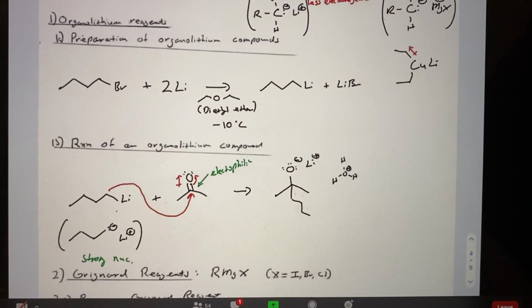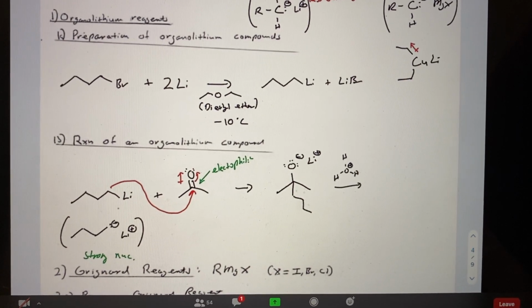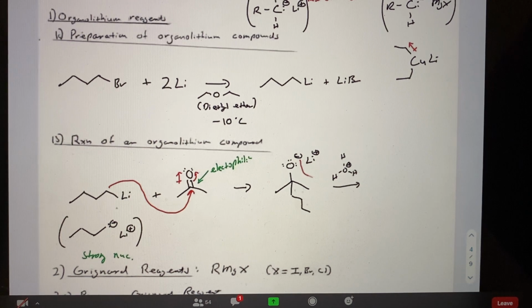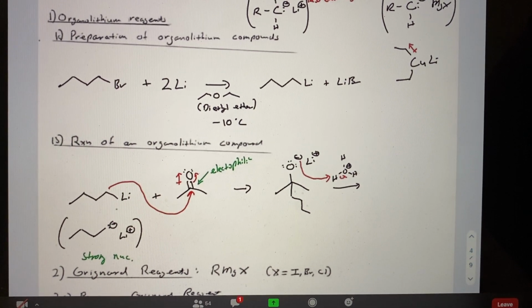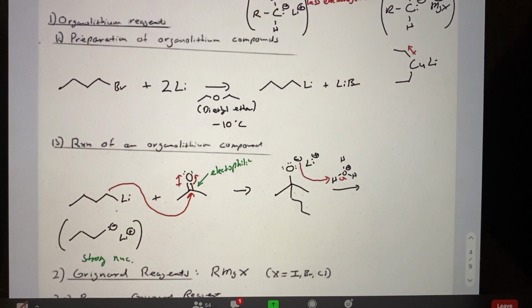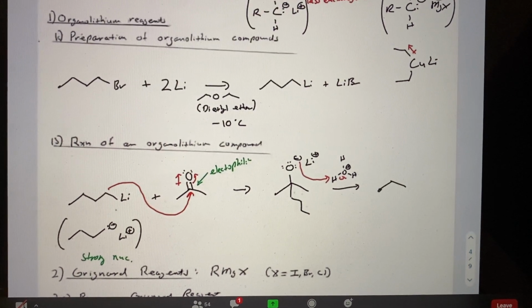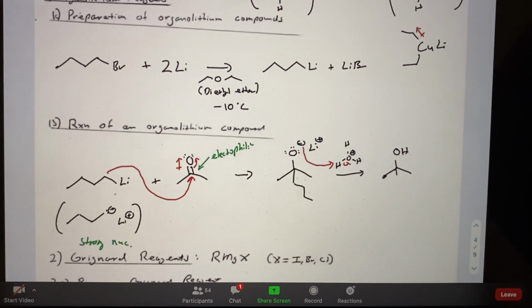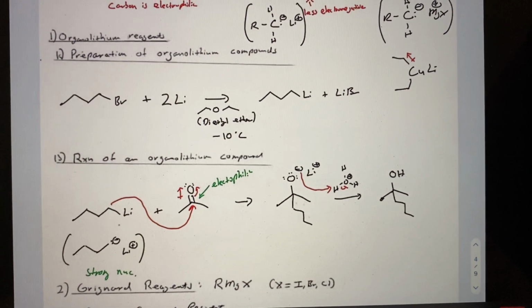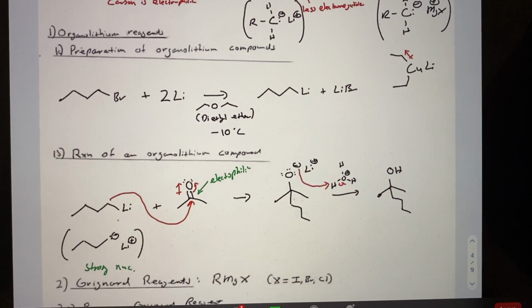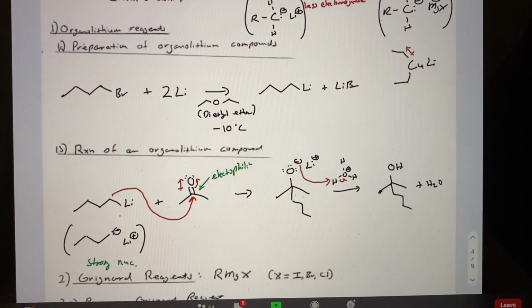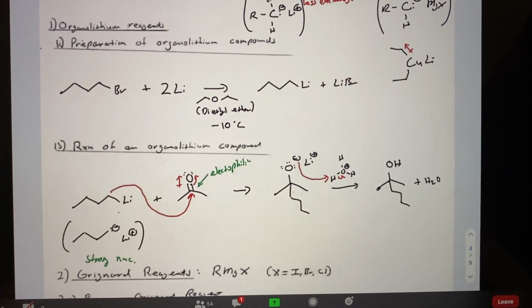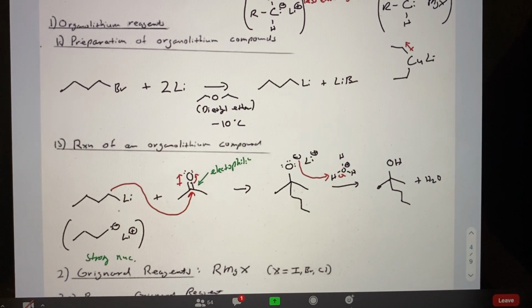So I'll put a generic acid there, and we're going to simply protonate this. Alcohol, and then 4 carbons. And we'll have our lithium in there as well someplace.